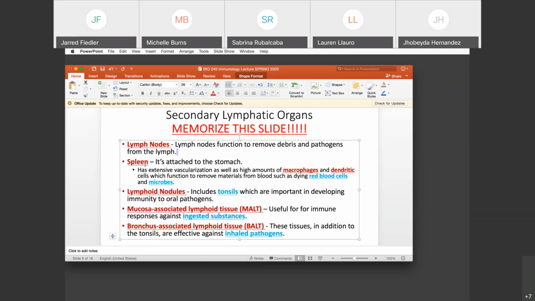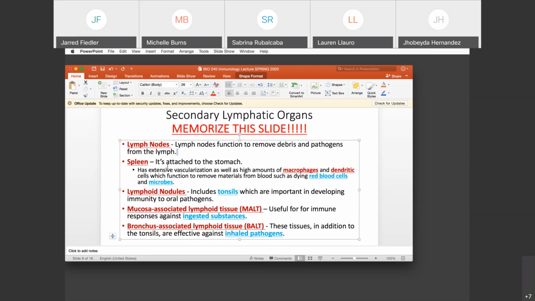So the spleen is attached to our stomach, and it's highly vascularized. It has a large amount of macrophages and dendritic cells, which function to remove materials from blood, such as dying red blood cells and microbes. I have to be very clear on this: macrophages especially, their purpose isn't only to remove microbes.